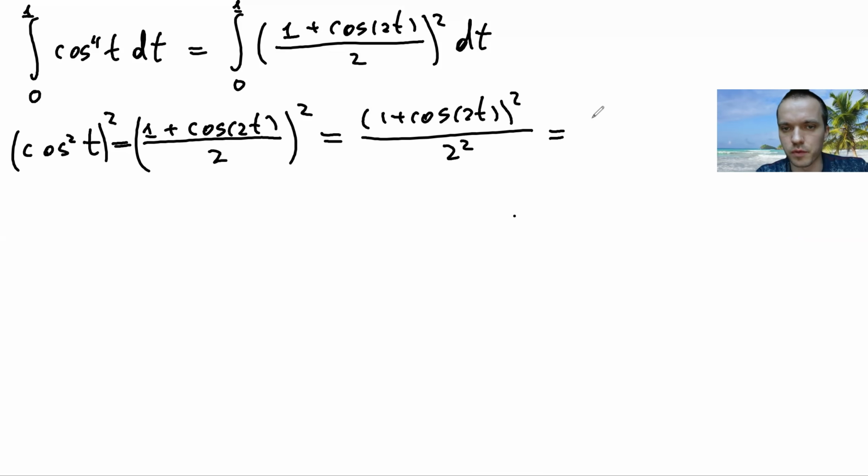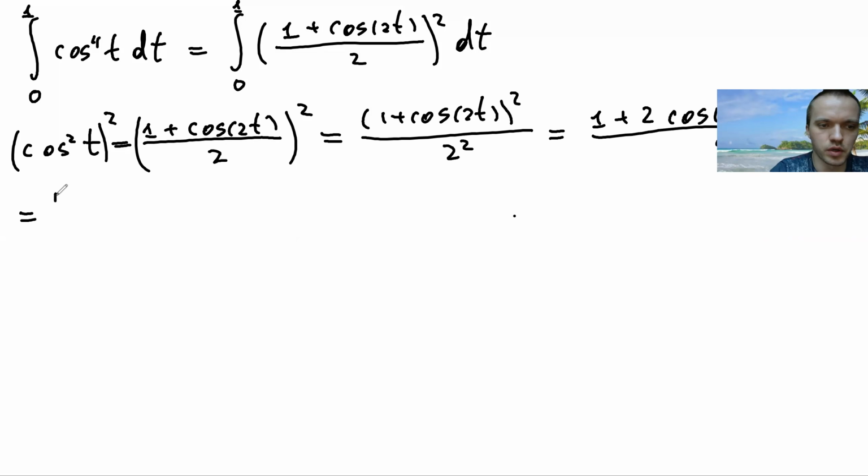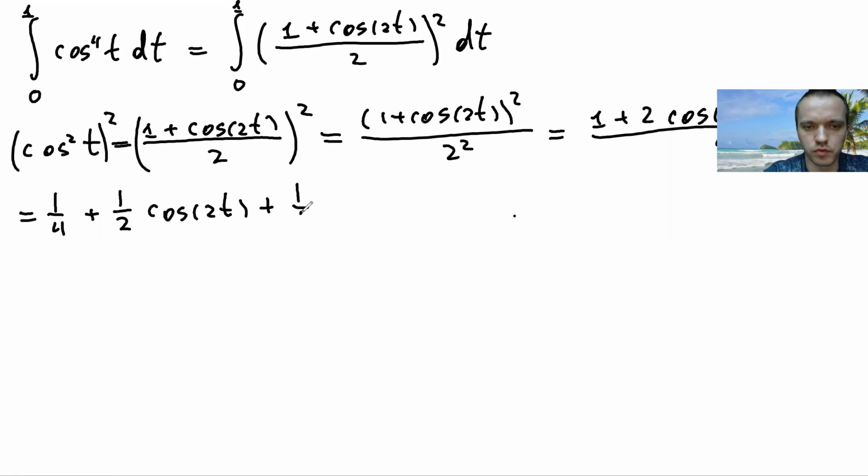So I have 1 plus 2 cosine 2t plus cosine squared 2t, divided by 4. This is the same as 1 over 4 plus 2 over 4, which is 1/2 cosine 2t, plus 1 over 4 cosine squared 2t.